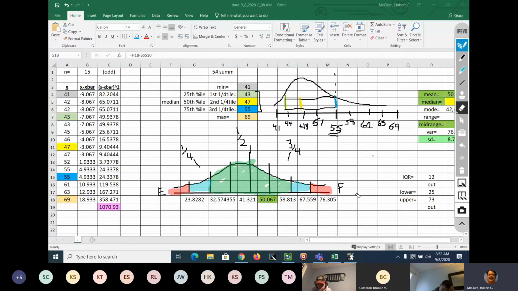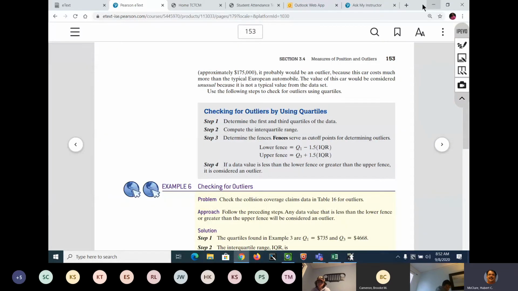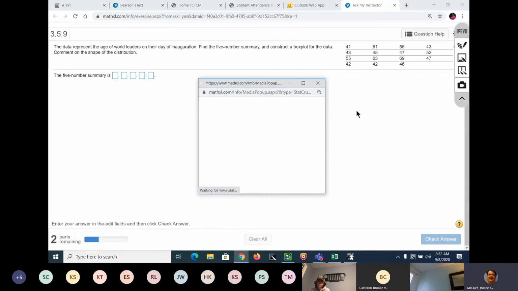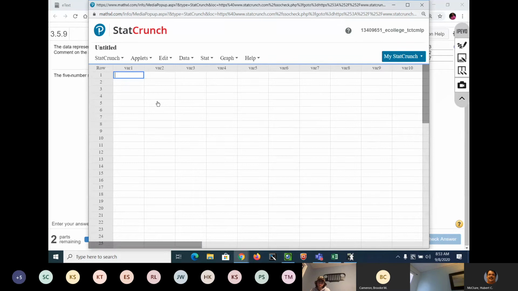Now, I'm going to show you one other thing that you can use, and you may not be able to use it as fluently, and that is the handy dandy StatCrunch. Okay, and hit that, and it puts the numbers in there. It's supposed to.